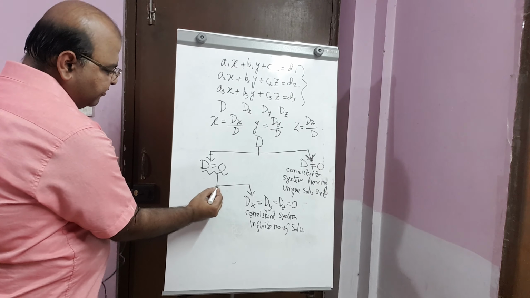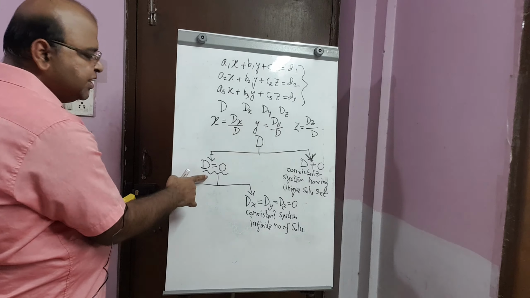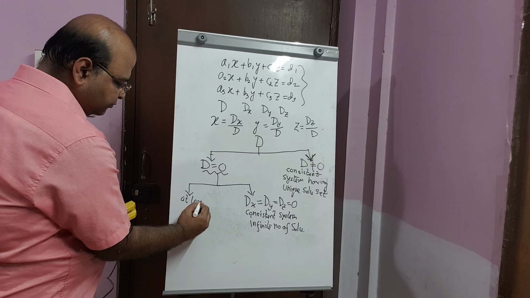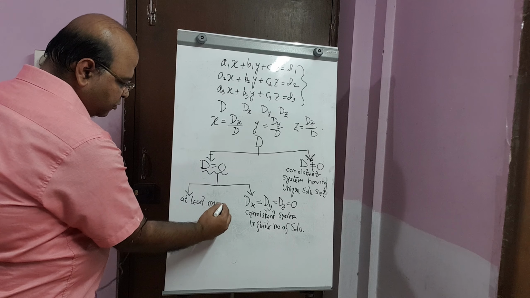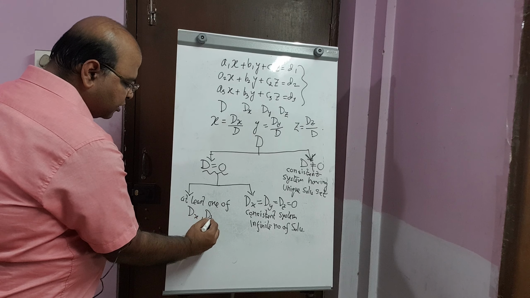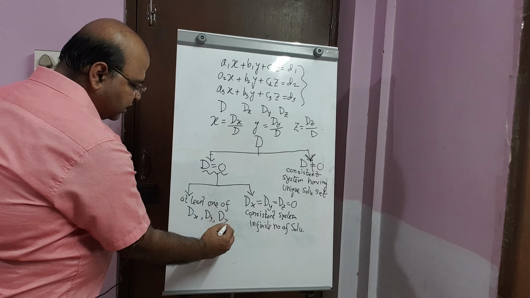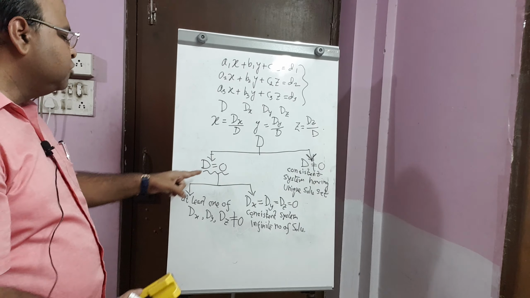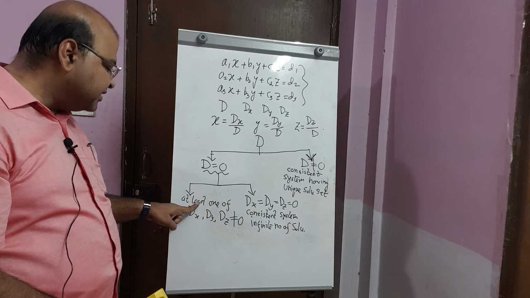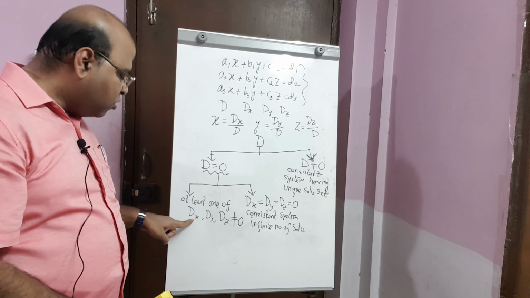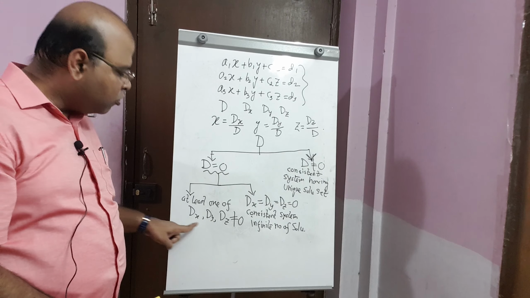On the other hand, if together with D equal to 0, at least one of Dx or Dy or Dz is not equal to 0, that is, exactly one may be non-zero, or exactly two of them may be non-zero, or all three may be non-zero.